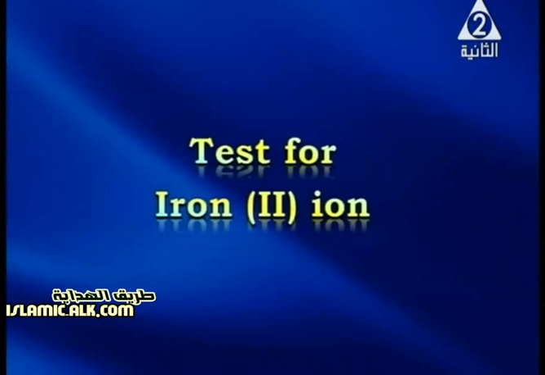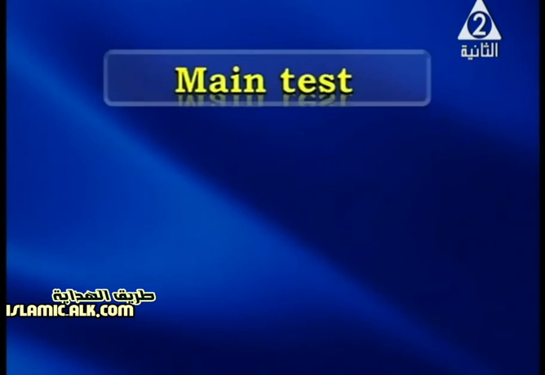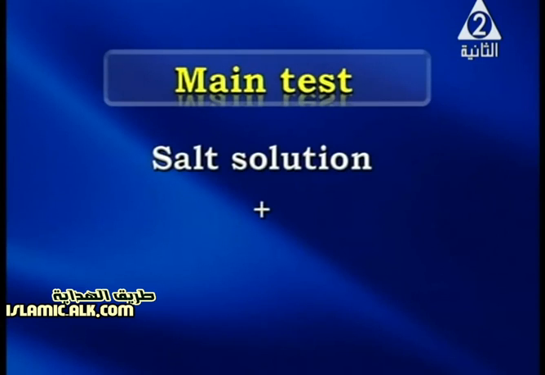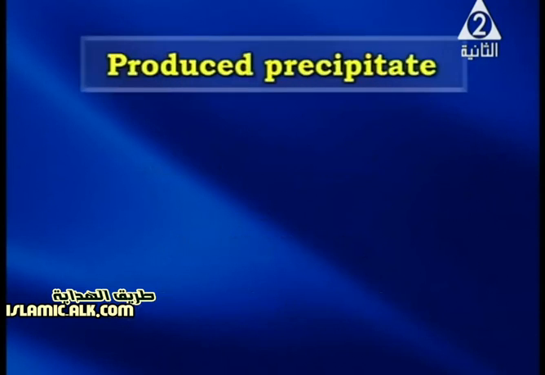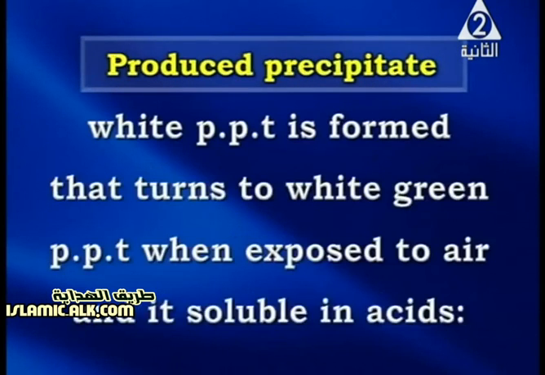Now, my dear student, we are going to test for the second cation of the third analytical group, which is iron 2 ion or Fe positive 2. The main test is a salt solution plus ammonium hydroxide solution. The produced precipitate is white precipitate of iron 2 hydroxide.